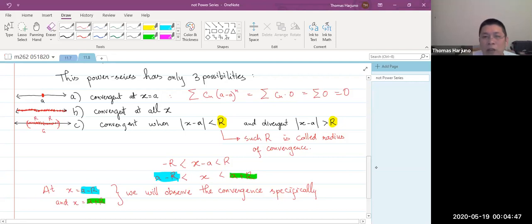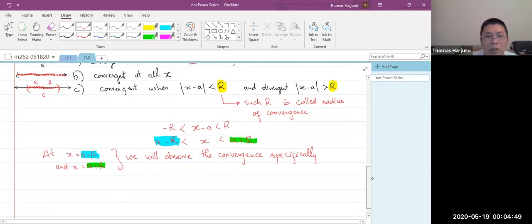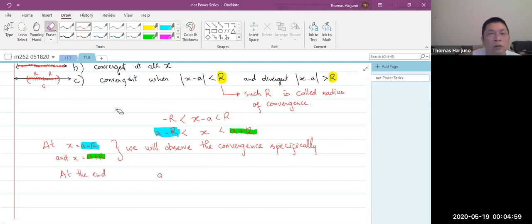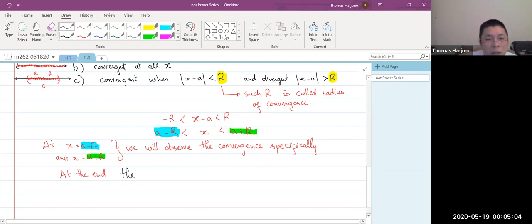Okay, so in case part C here, we will get at the end the interval of convergence. The interval of convergence is one of these.